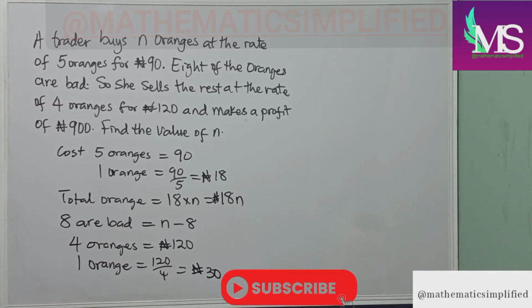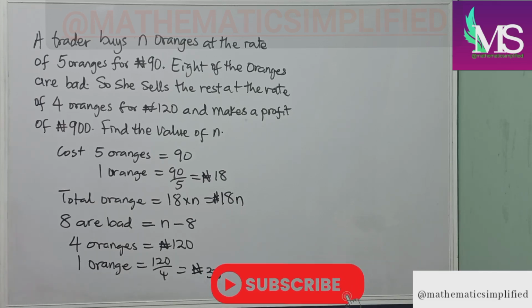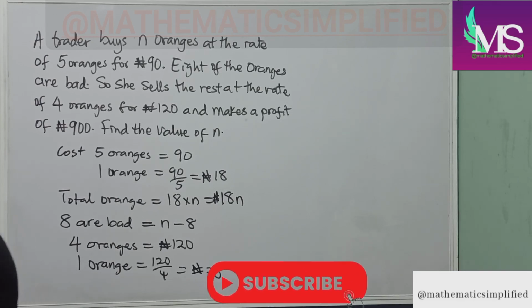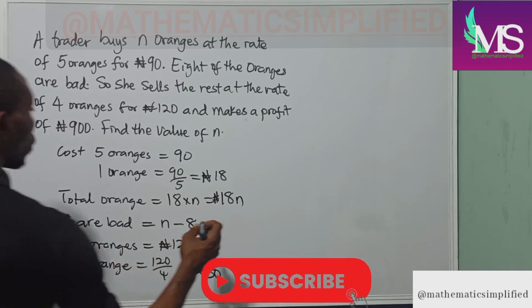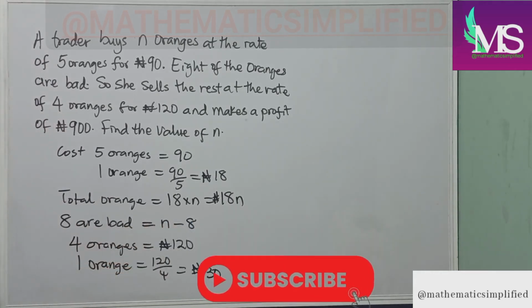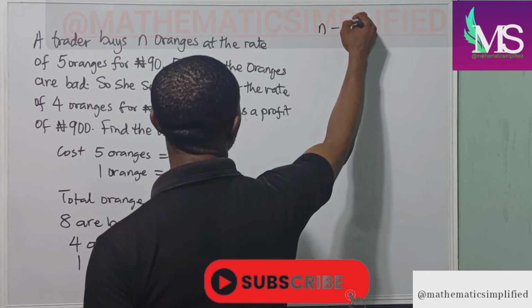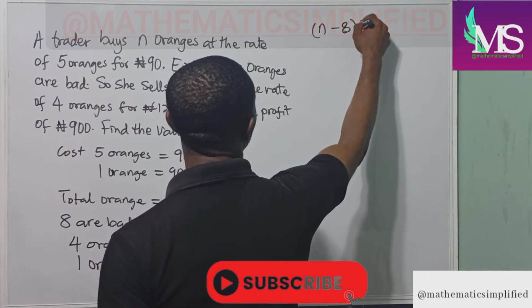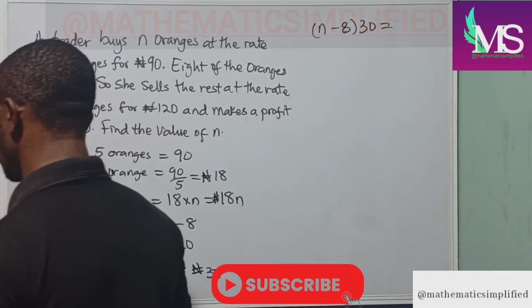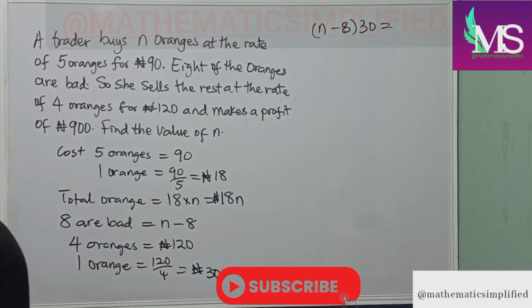So if one orange is sold for 30 naira, the number of oranges left to be sold would be n minus 8, times 30.